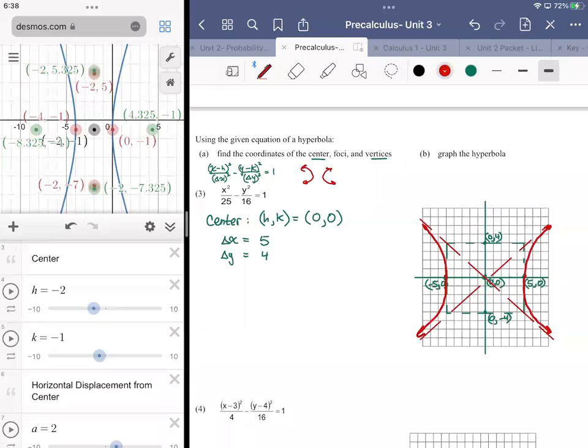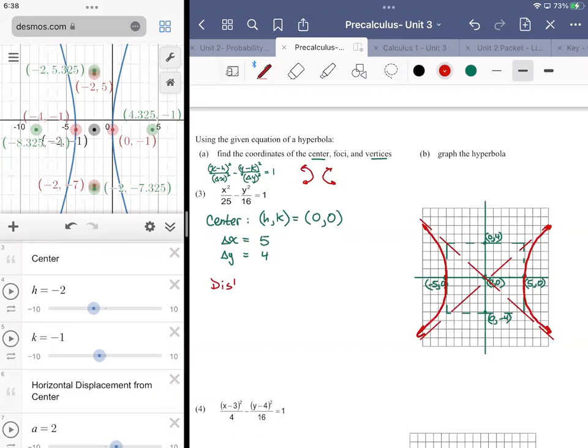So then I just need to figure out the distance from center to focus. The proof behind it is kind of weird, but for now we're just going to go with the process.